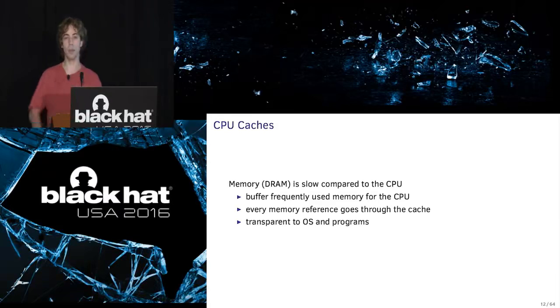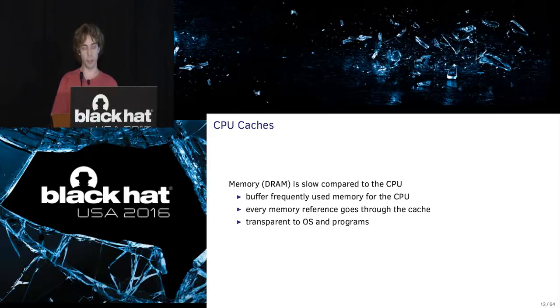And there is some idea to make the accesses to your memory faster, because you need a lot of memory, but only need a small fraction of the memory at a high frequency. The idea is to buffer the frequently used memory in the CPU in some smaller but faster memory locations. Every memory reference that any program in your system does goes through the cache usually, and it will be fast because it's buffered in the cache.